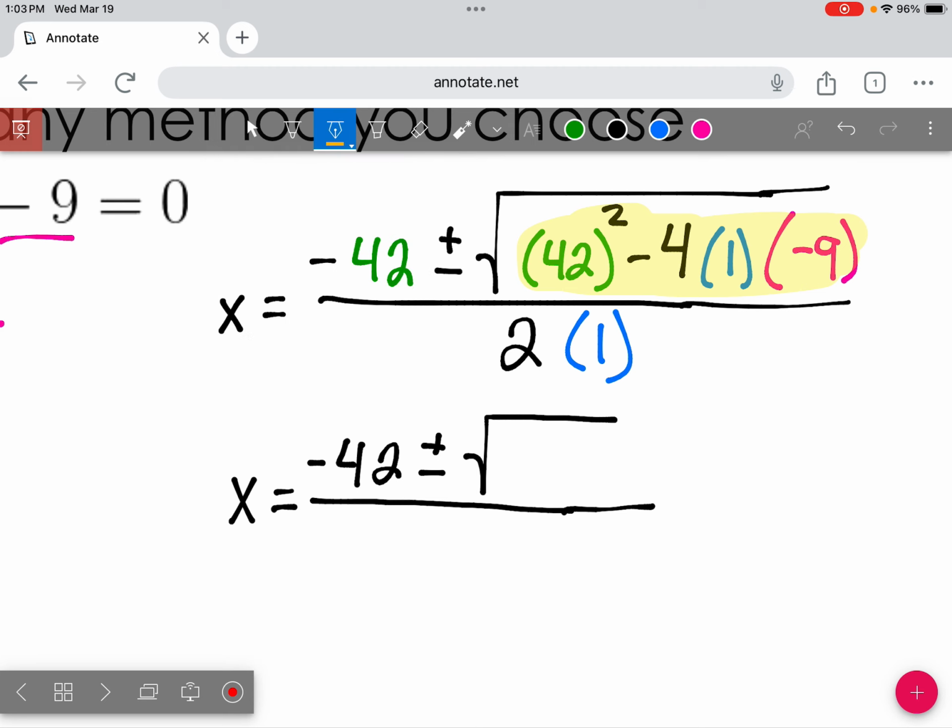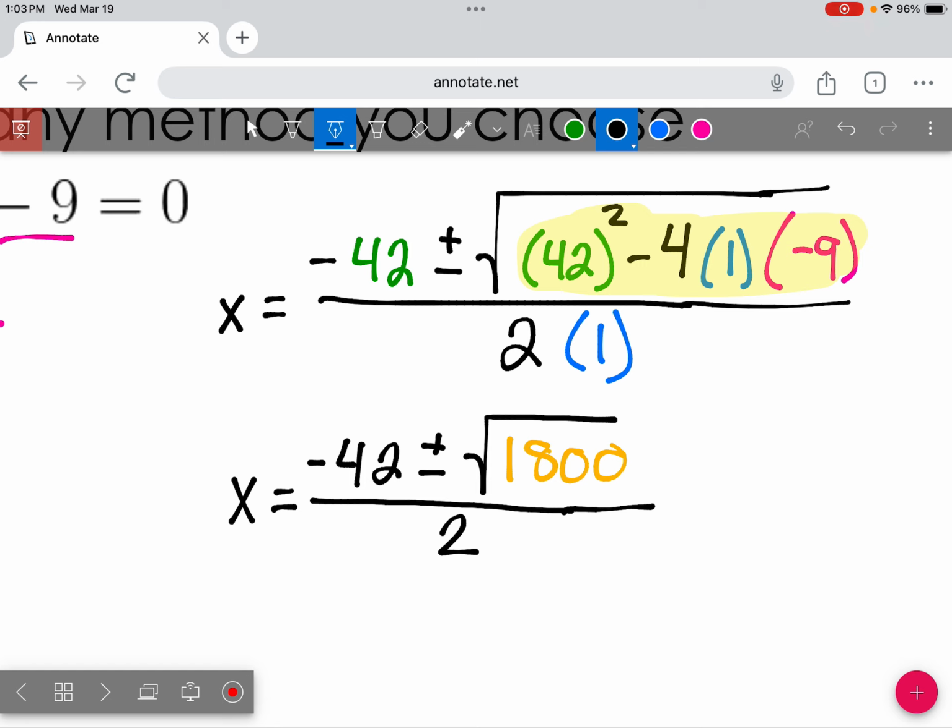When we do just that part, our 42 squared minus 4 times 1 times negative 9, we get 1,800. And this is over 2 times 1, which is 2.